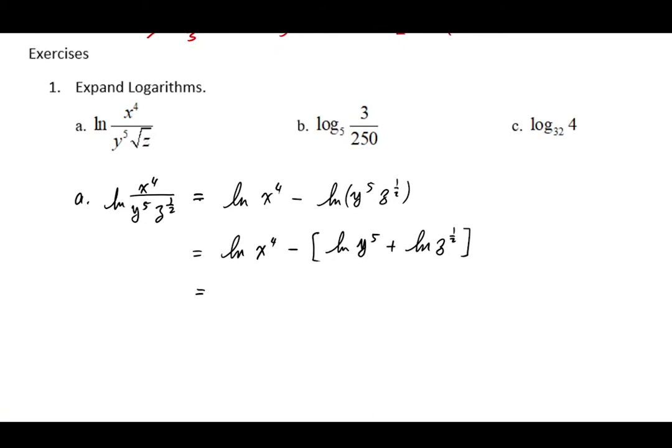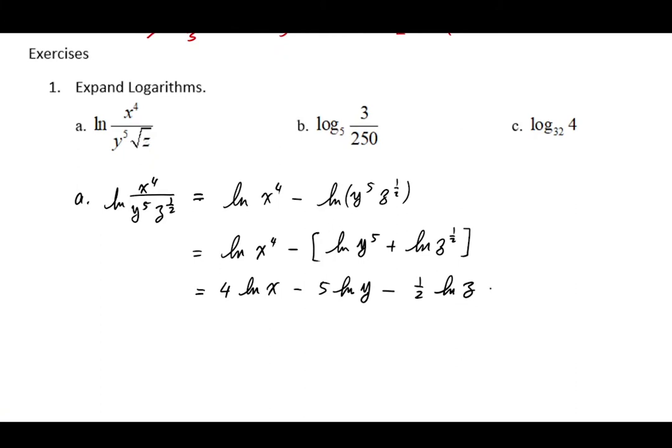Now bring 4 to the front, so 4 ln x minus, could we distribute and then bring out the exponent at the same time? Hopefully that's not too much algebra. So we have 5 ln y, distribute the minus sign, and then 1/2 ln z is the final answer.